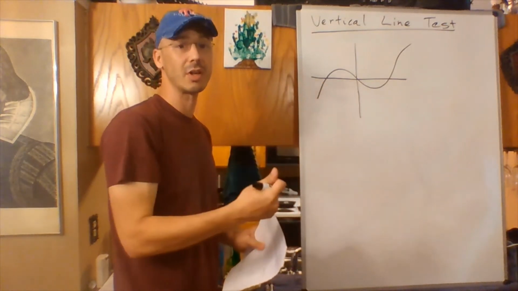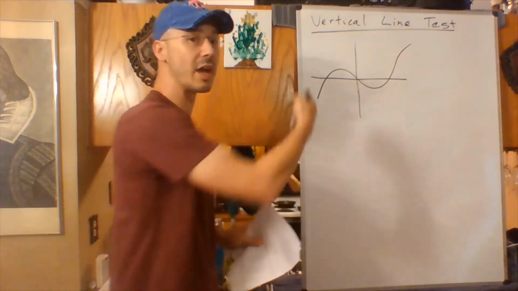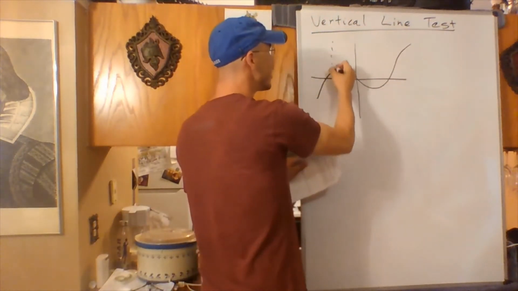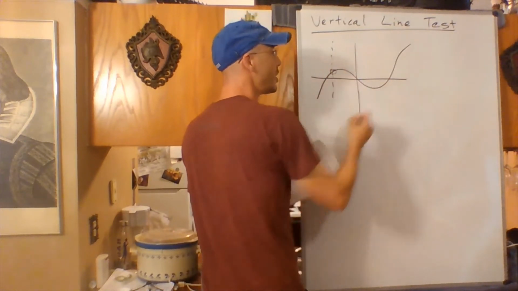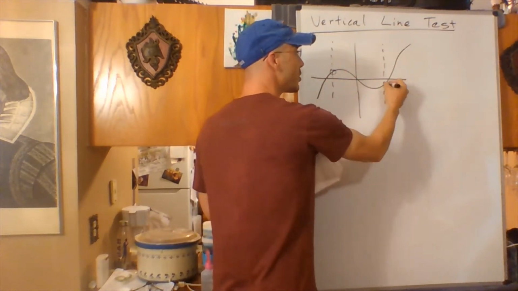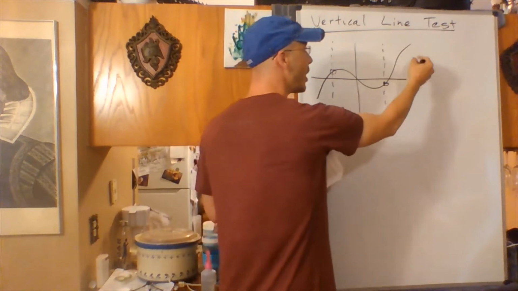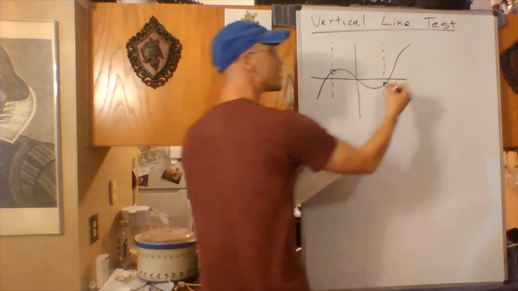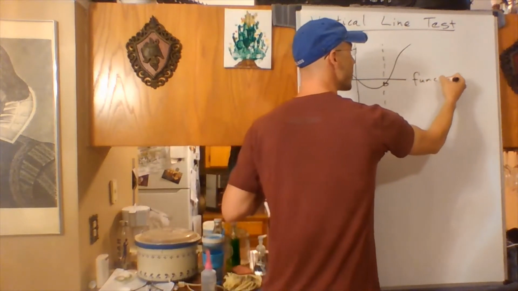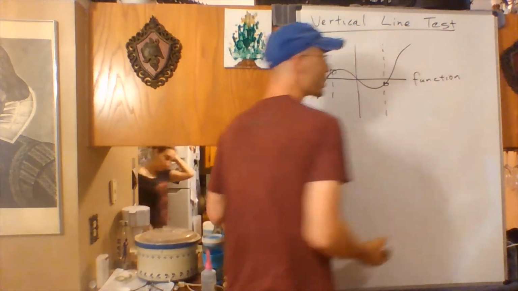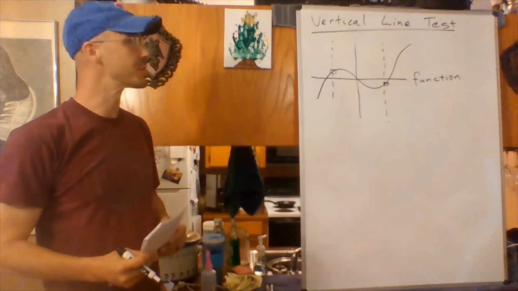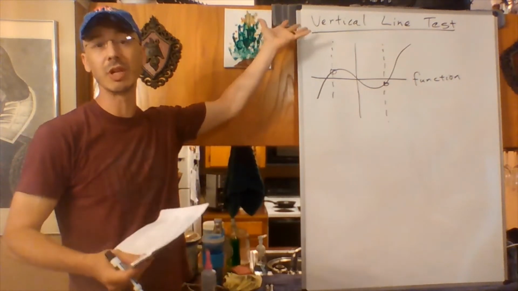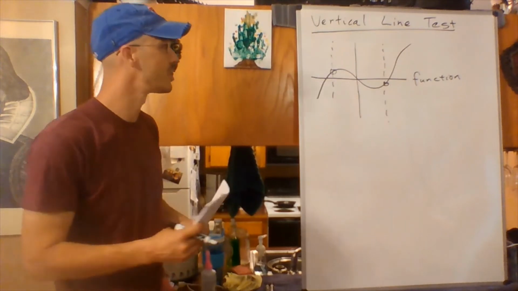If I can't draw such a line, in other words, if every vertical line crosses this graph once, here's a vertical line, crosses it once there, and there's nowhere on this graph that I can draw a vertical line that'll hit it twice. This is a function. And I'm going to label it that. There's some practice problems that you'll be able to do. It's very quick. There's no computation involved in the vertical line test.